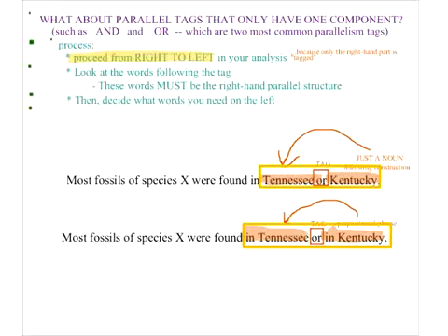You can do that if it's just and, or just or, or just but, or just something else that's one tag only. Then you can absolutely start your parallel construction anywhere you want. If those words are anywhere on the left, then you're good. So notice again, you absolutely must analyze the construction from right to left.